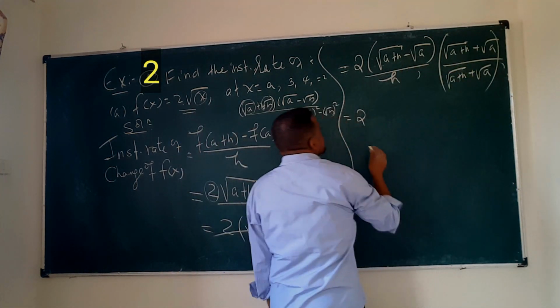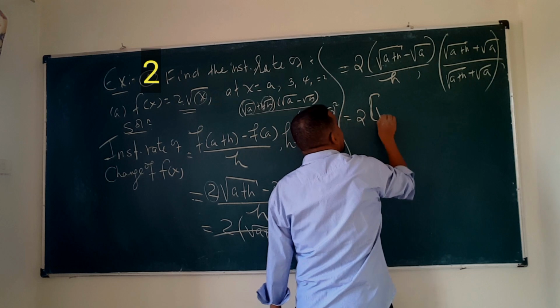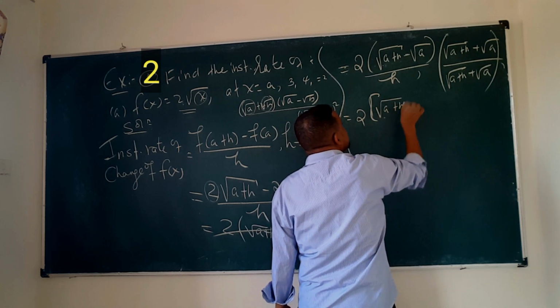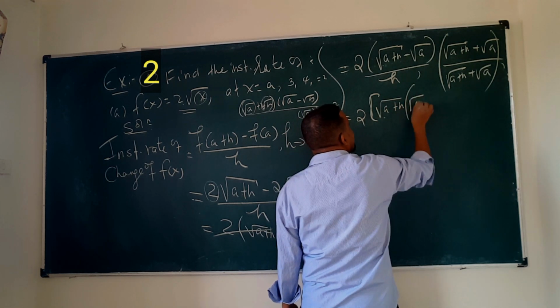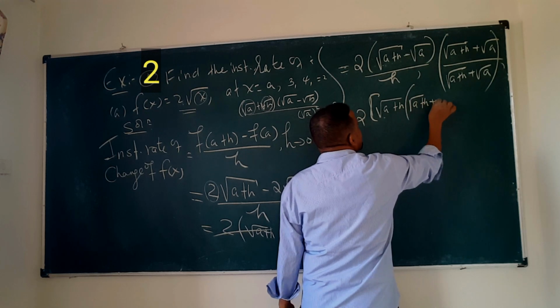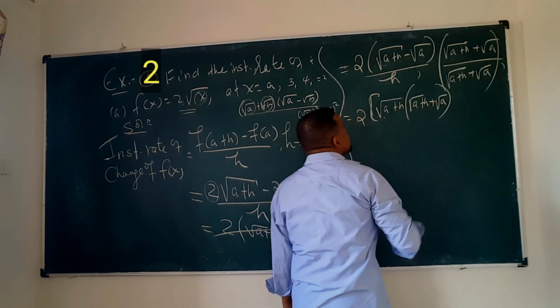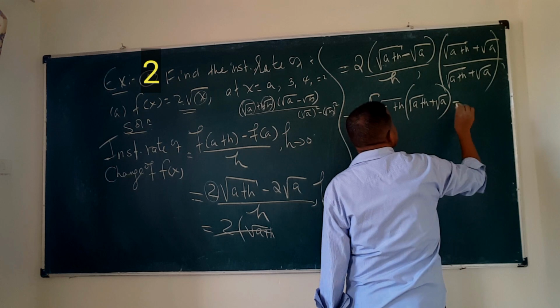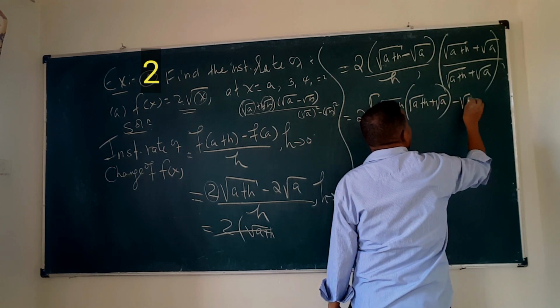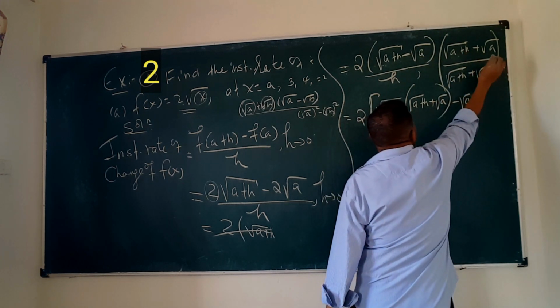Or if you want, you can multiply each term. Okay, 2 times radical of a plus h will multiply radical of a plus h plus radical of a, and of course minus radical a will multiply both of them.